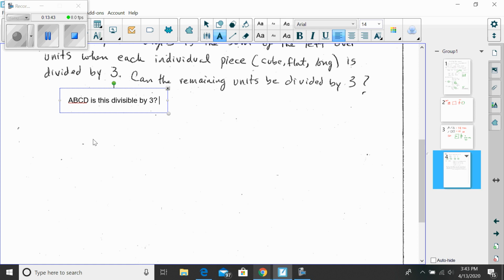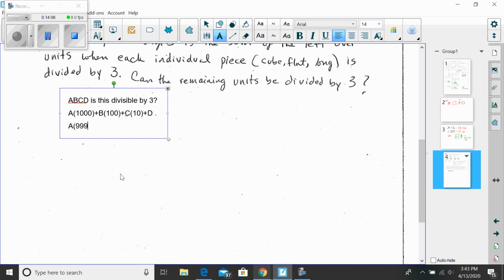Okay, then I am going to distribute, and then I'm going to group. A goes to here, A goes to here. And then I'm going to rearrange the order because the commutative and associative properties tell me that I am allowed to rearrange my order.